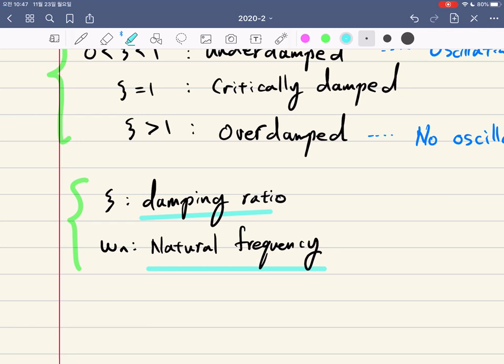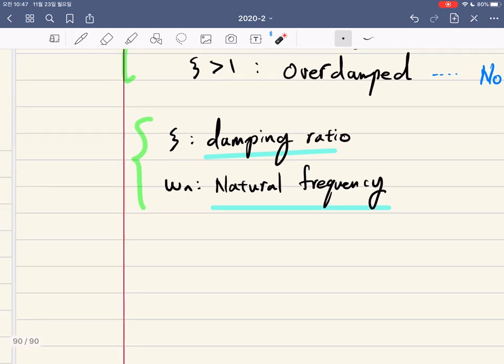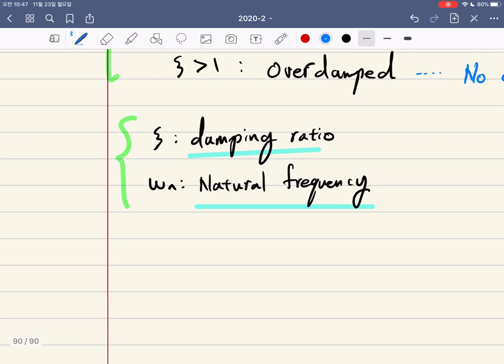Okay, then what about the first order system? We introduced directly the second order system, but what about the first order system? Does the first order system have the thing that is called damping ratio or natural frequency, this kind of stuff?